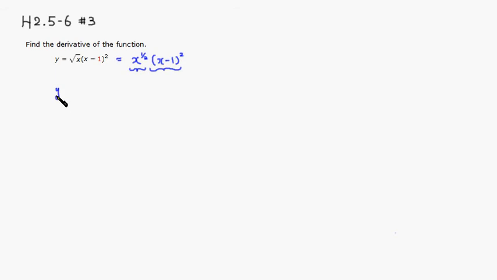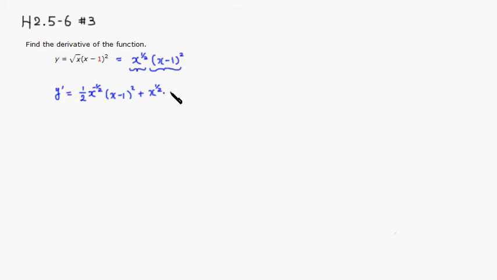So y prime is going to be equal to the derivative of the first, so put the power in front, then x raised to the, subtract 1 from the power, so it's negative 1/2, times the second, so just copy the second part, quantity x minus 1 squared, plus the first guy, which is x to the 1/2 power, times the derivative of the second guy.